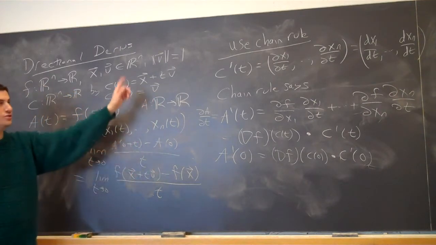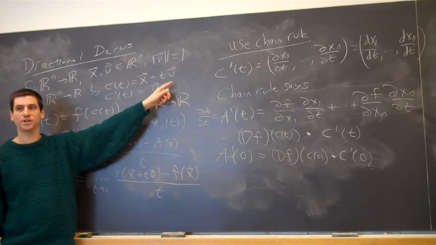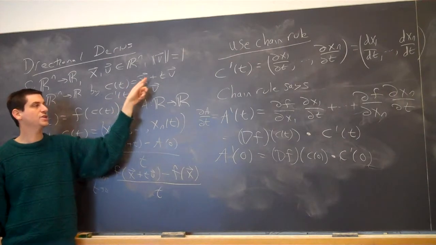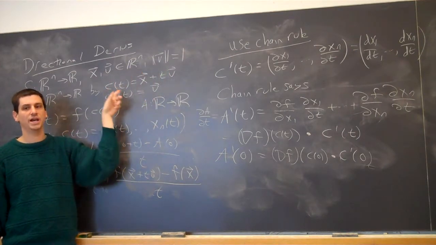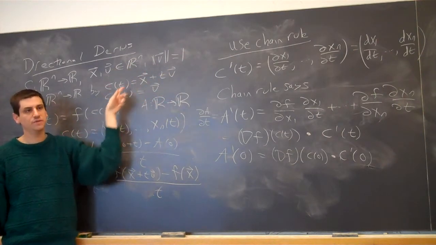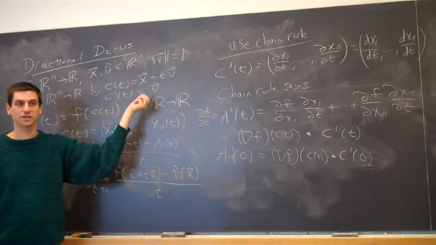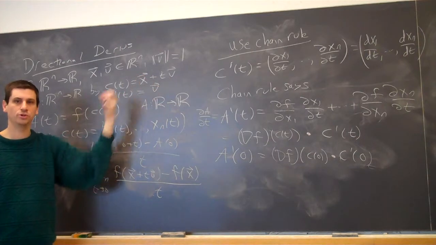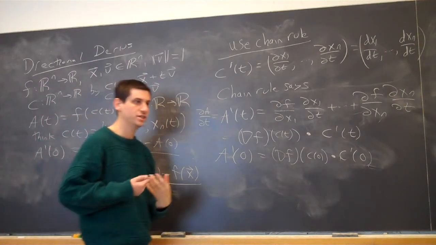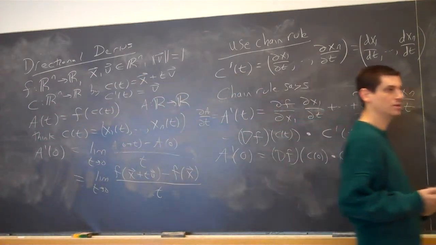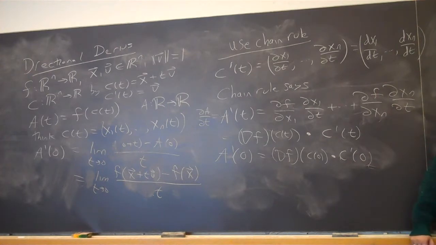So one way you could see this is you could write things down component by component. The first component is x1 plus tv1, x2 plus tv2, x3 plus tv3. And I'm taking the derivative with respect to t. So I get v1, v2, v3. I just get the vector v back. So c prime at any point in time is always v.